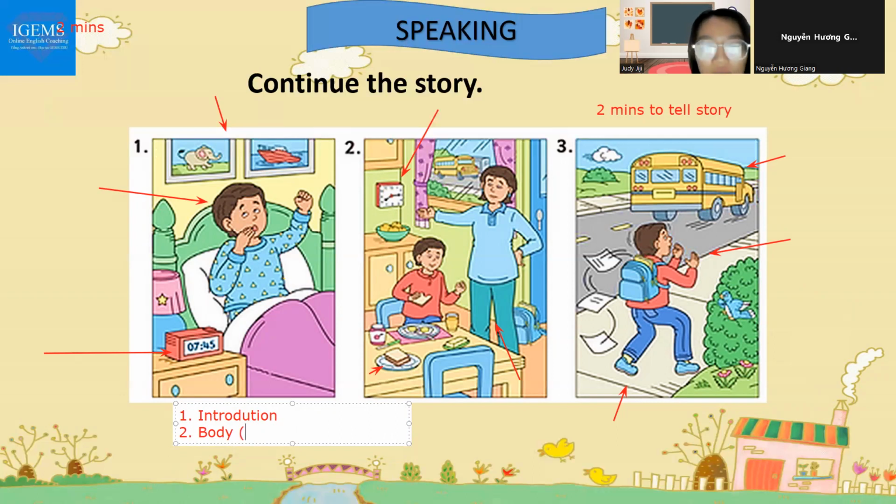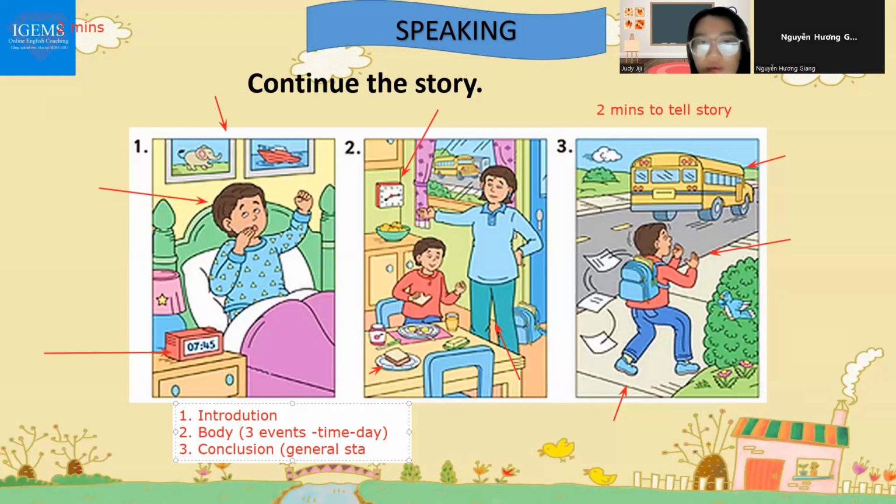In the body, you need to have 3 events. And in the 3 events, you need to have the time and the date. Number 3 is the conclusion. In the conclusion, you need to give me the general statement.